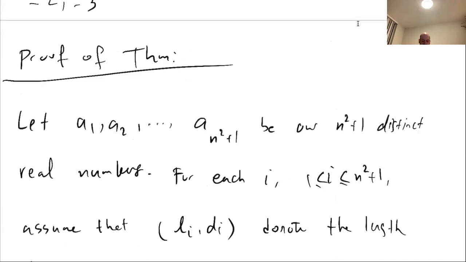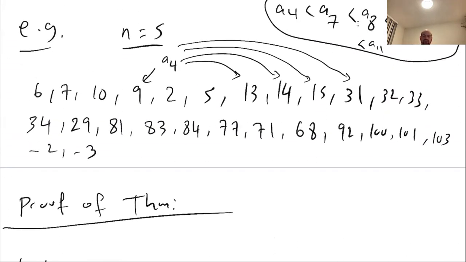See, for each ai, I can find the length of longest increasing or decreasing subsequence starting from that element. So let me show you in this example.